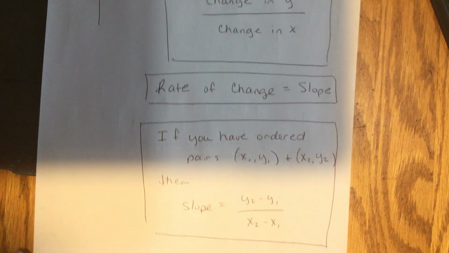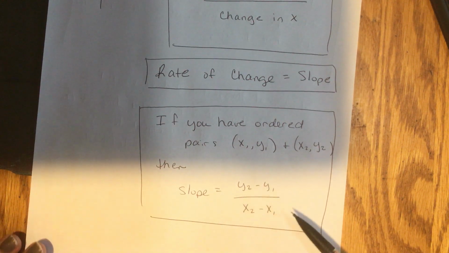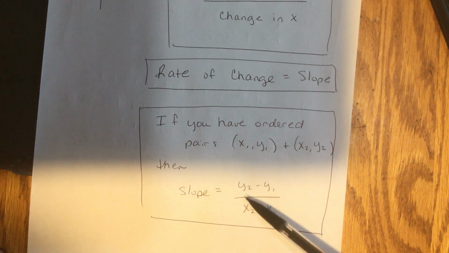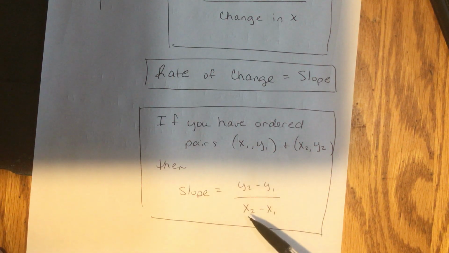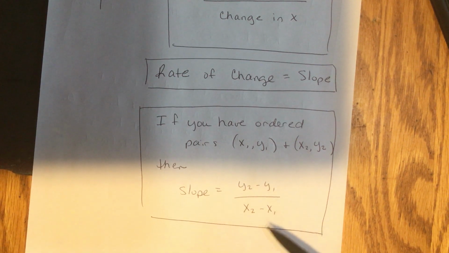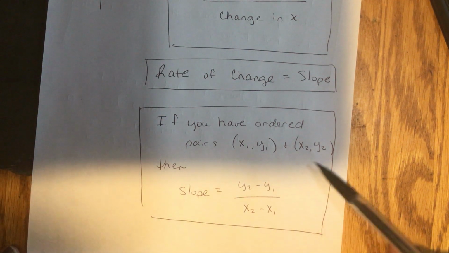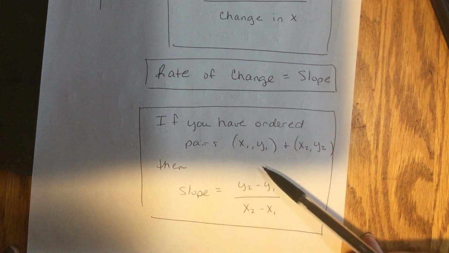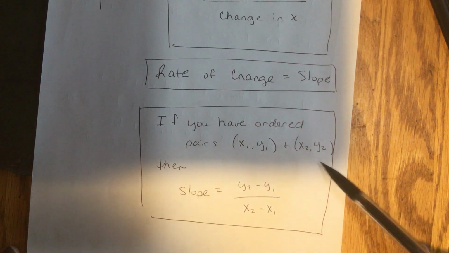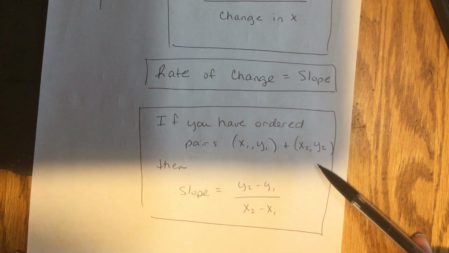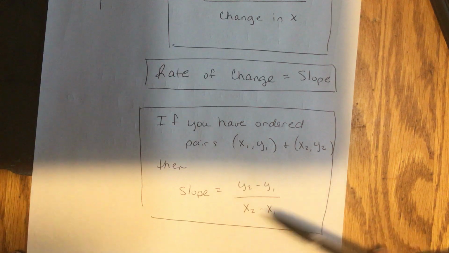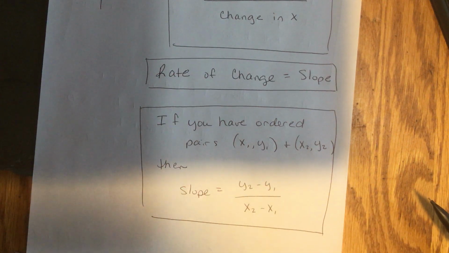If you have ordered pairs, then the formula for slope is y2 minus y1 over x2 minus x1. The 1s and 2s just refer to the first point and the second point. So x1, y1 is the first point, x2, y2 is the second point. And it doesn't matter which point you call the first point and which point you call the second point.